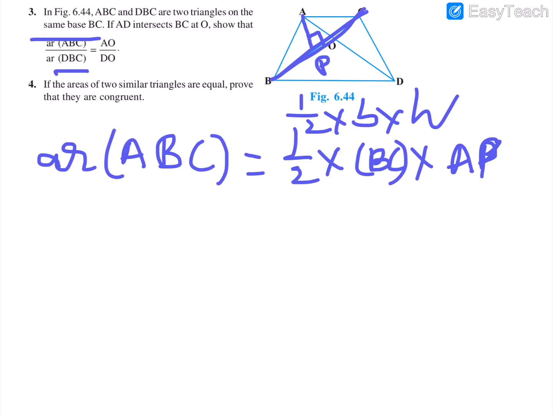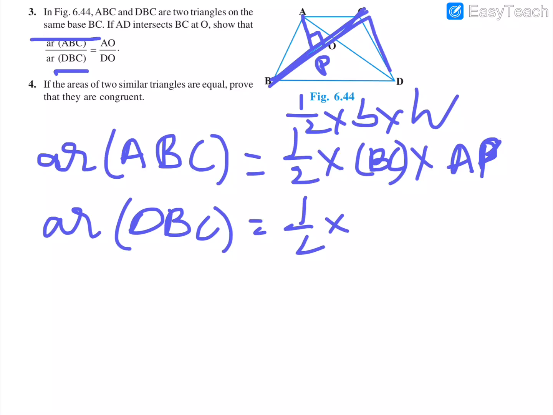Similarly, area of triangle DBC is equal to half into BC, because DBC is also on base BC, into height. Here we have taken this height earlier, that is AP.